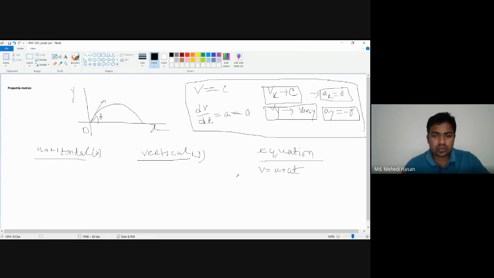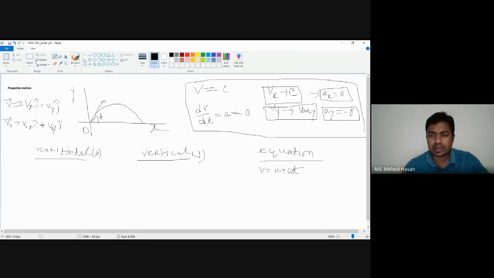So consider velocity: we can write v = vx i + vy j, and the initial velocity, if we consider v naught, not u, is v naught x i plus v naught y j. So these are the velocity vectors, initial velocity and final velocity.